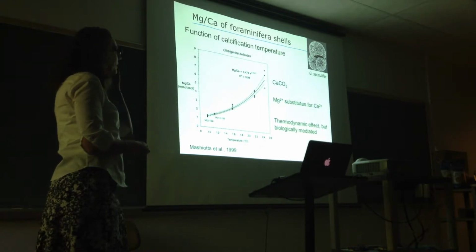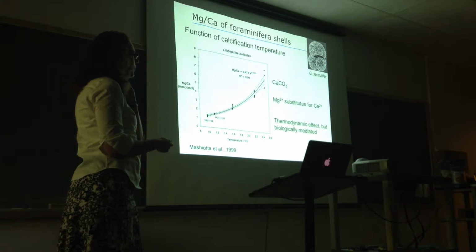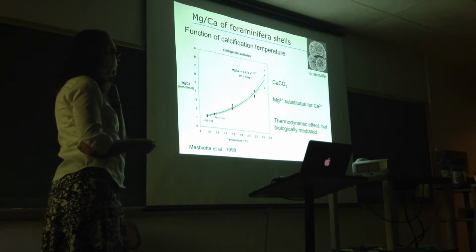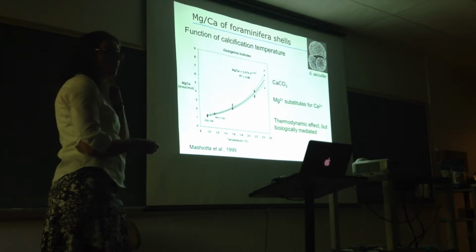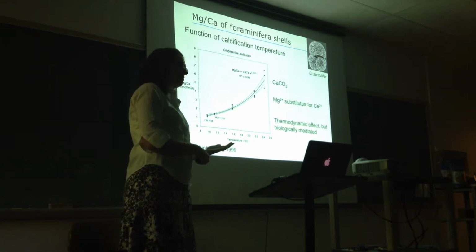The other proxy that we use is the magnesium-calcium ratio of foraminifera. Again, this particular species lives in the surface water. Its shell is made out of calcium carbonate. Magnesium, as a 2+ ion, can substitute in for calcium, and it turns out that the warmer it is, the more that happens. Okay?